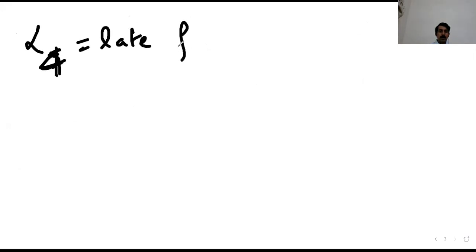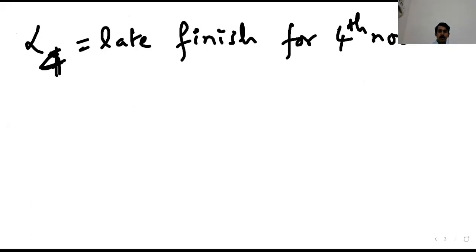So I'm going back to L4. L4 is the latest finish for the fourth node. I assume that we have calculated the fourth node calculation. How many activities actually start from the fourth node?